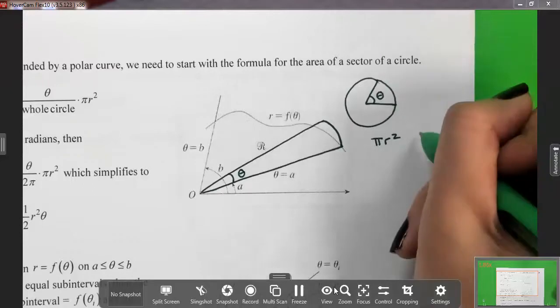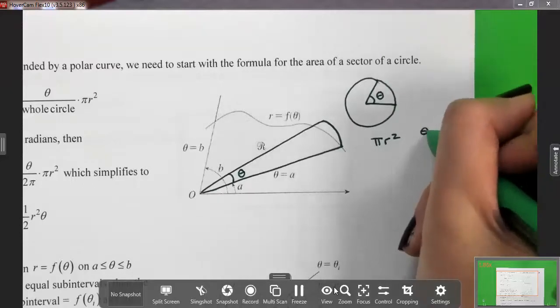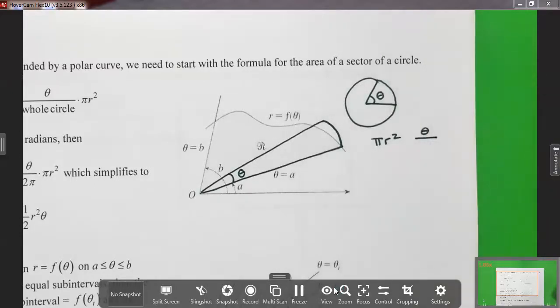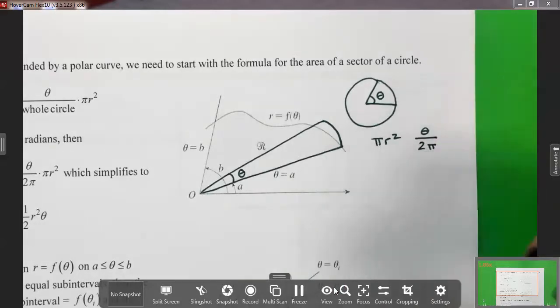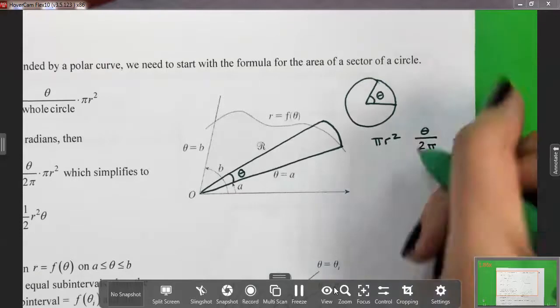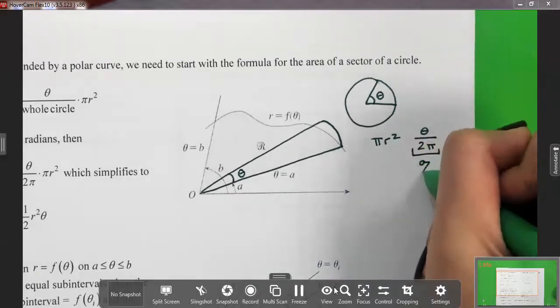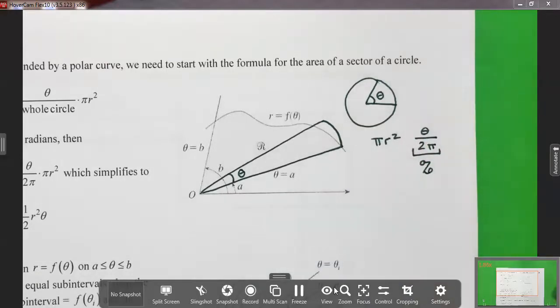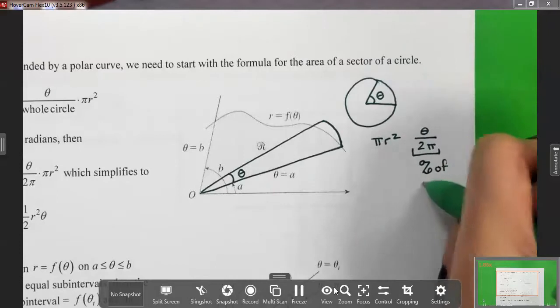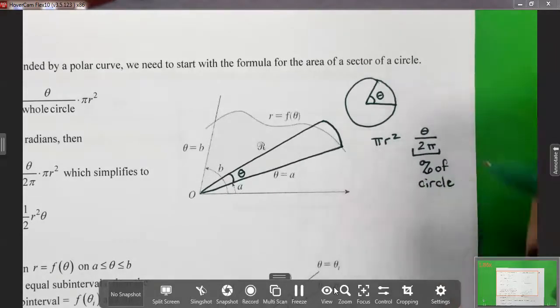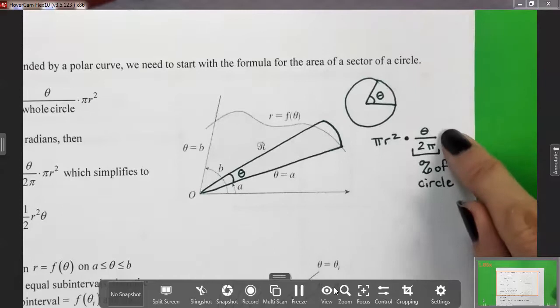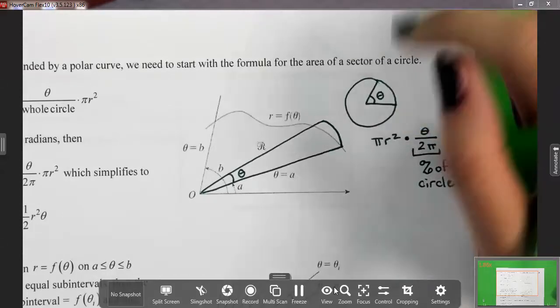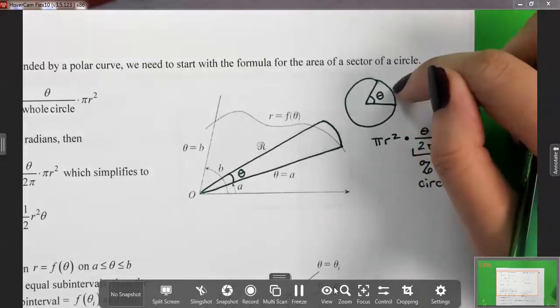So we take theta and divide it by 360, but let's go back to radians, so 2 pi. This part tells me the percent of the circle. If I take pi r squared and multiply it by the percent of the circle I want, I should get the area of the sector.